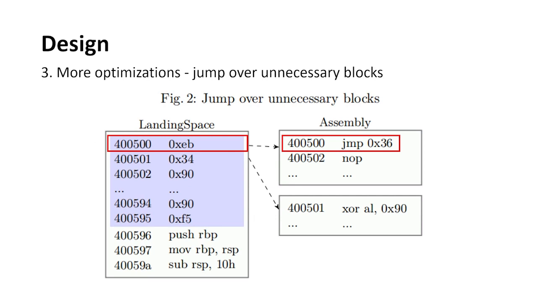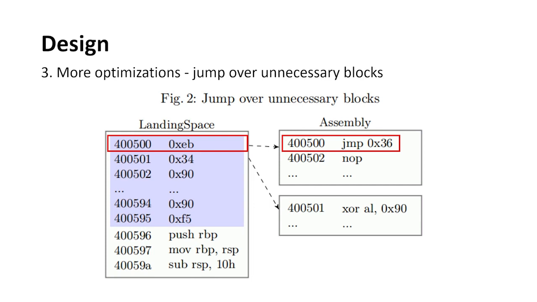If the control flow lands at the jump instruction, the jump offset will be the opcode of the next instruction. Also, we will make sure that the destination address is within the landing space. In this example, it will jump over 54 bytes.